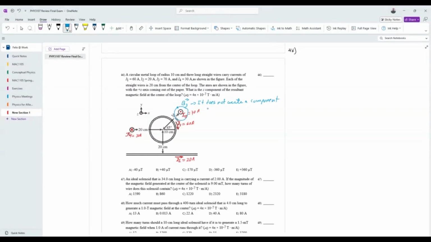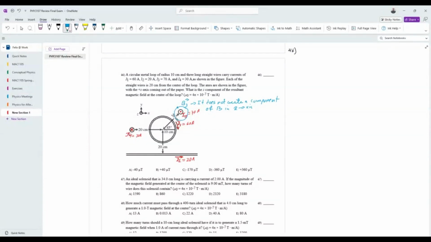Why? Because the z-axis is the axis leaving the plane, and that magnetic field is acting in this way.